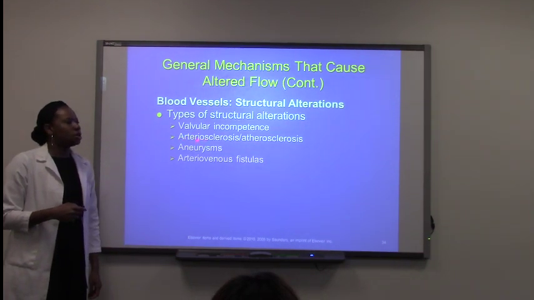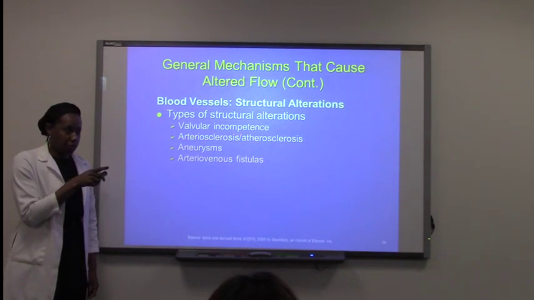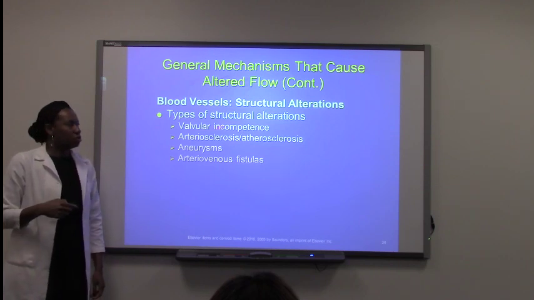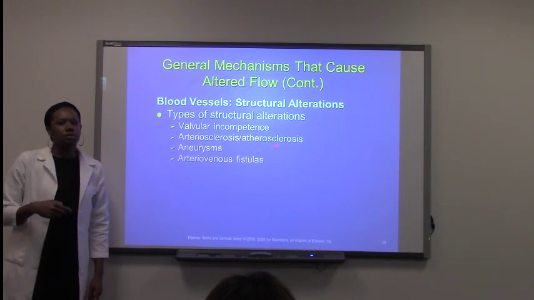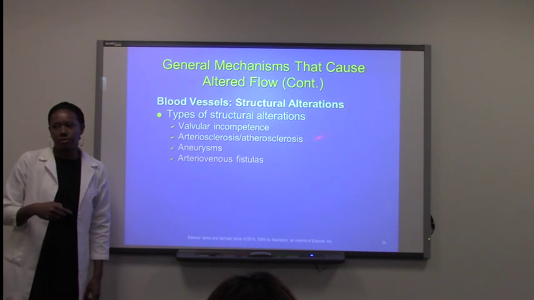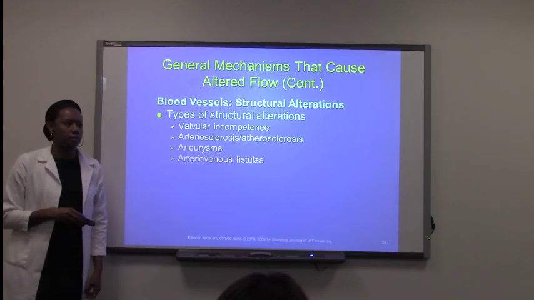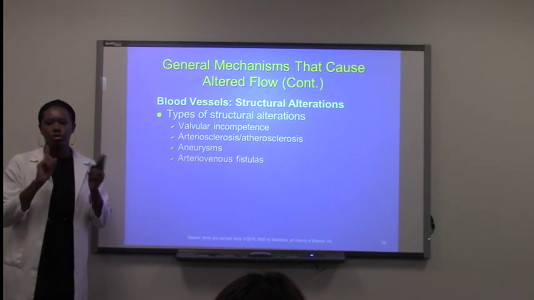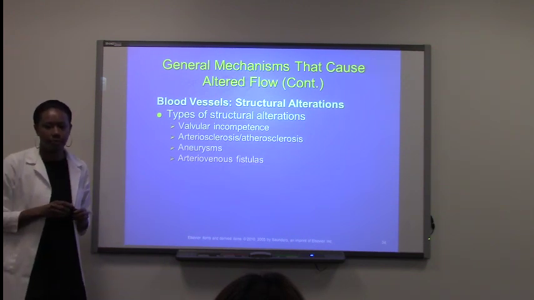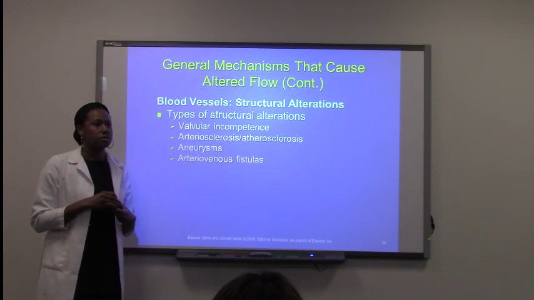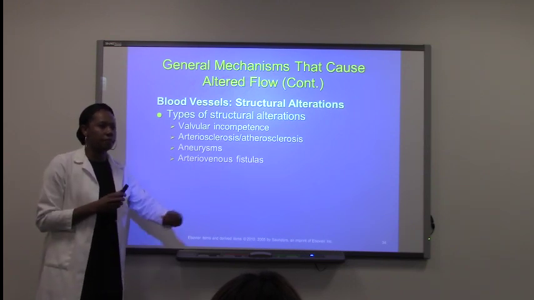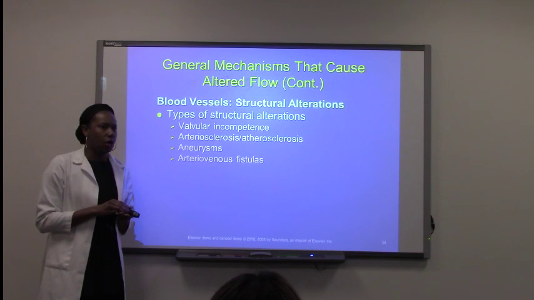Okay, do you guys know the difference between, and I know I went over this with you guys, whoever had it for physiology. Do you guys know the difference between arteriosclerosis and atherosclerosis? What is the difference? One is in, they're in two different locations. Yes. One is in arterioles, the other one is in the artery. Okay, very good.